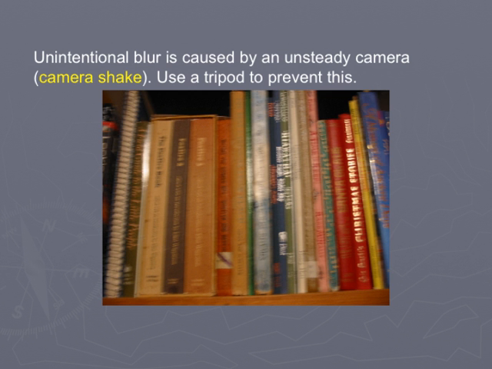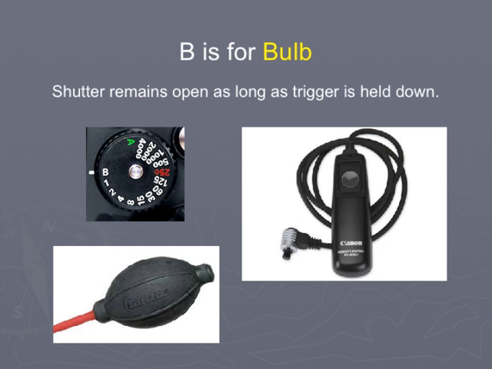On some of our cameras we may see a setting for B or bulb mode. In the cameras back in the 1800s, they would use a kind of remote for firing the shutter. That was a pneumatic one where they would use a bulb. You'd squeeze the bulb and the air from the bulb would open the shutter, and when you released it, it would close the shutter.